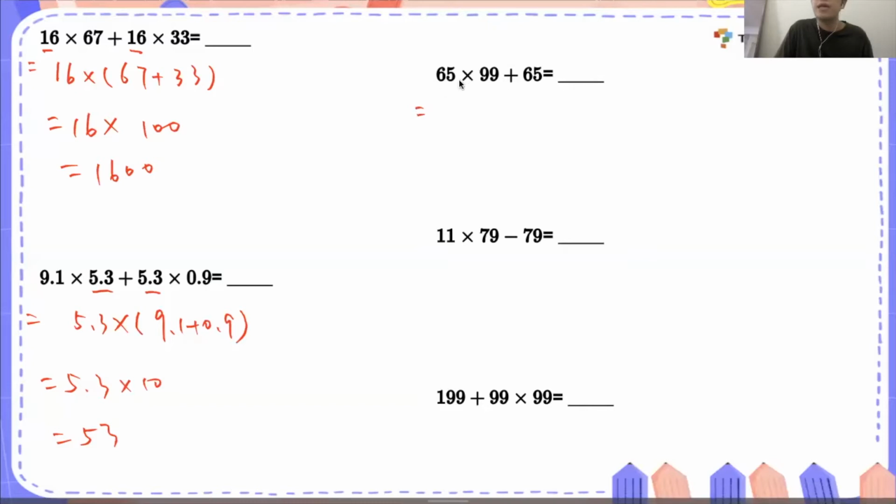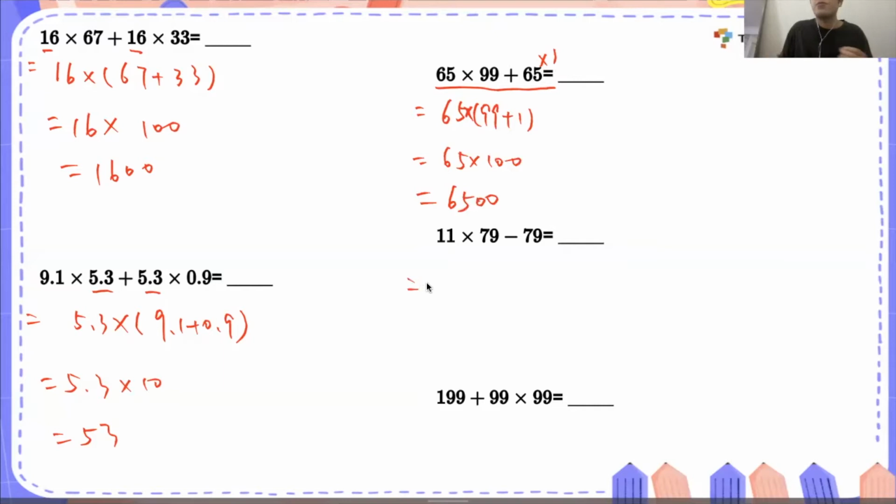And the next one. So for this question, we should pay attention. The 65, we can treat this 65 as 65 times 1. So that makes sense. And we extract 65 and put 99 and 1 in the bracket. And that is 65 times 100, and that is 6,500.